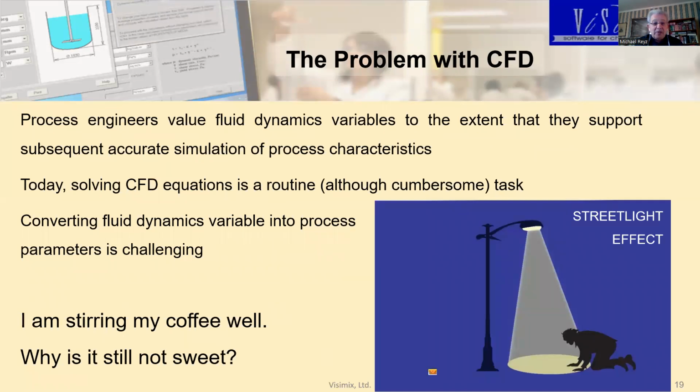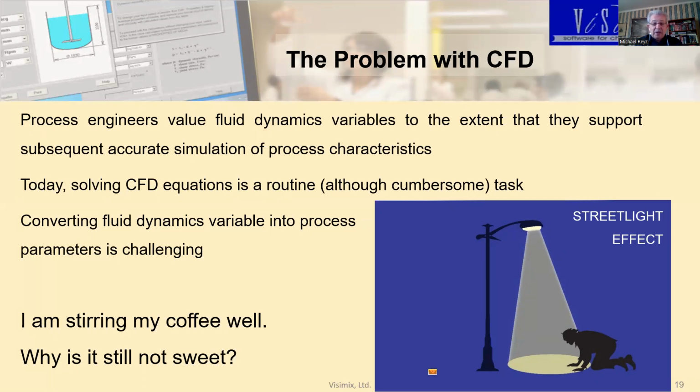Process engineers value fluid dynamics variables to the extent that they support subsequent accurate simulation of process characteristics. Today, solving CFD equations is a routine, although cumbersome task. Converting fluid dynamics variables into process parameters is challenging. CFD is like a street light which directs light to a place where there is no wallet.